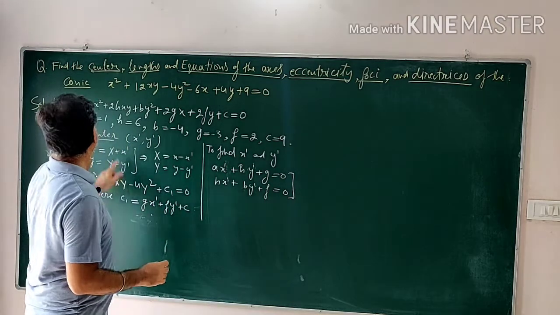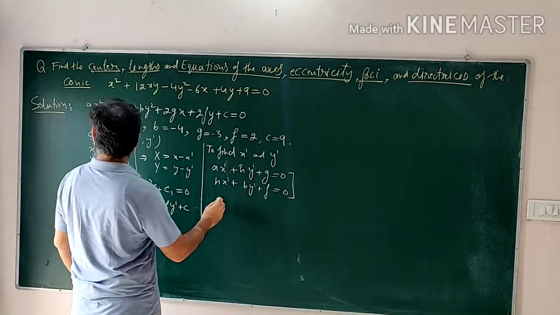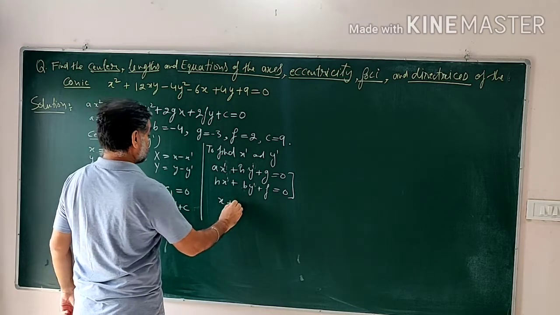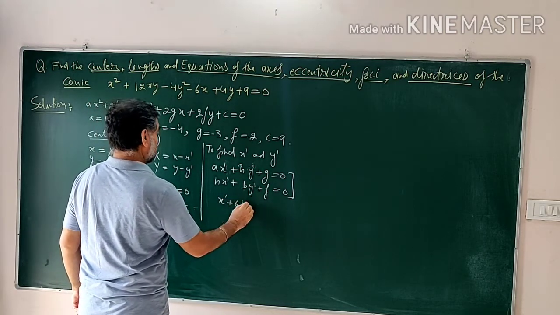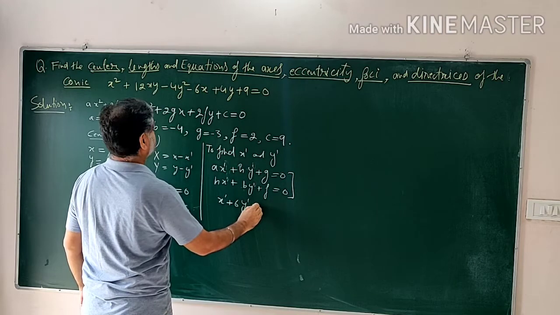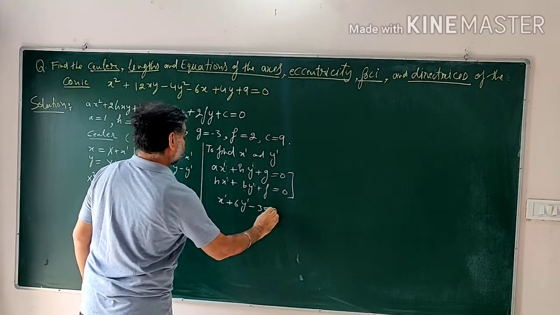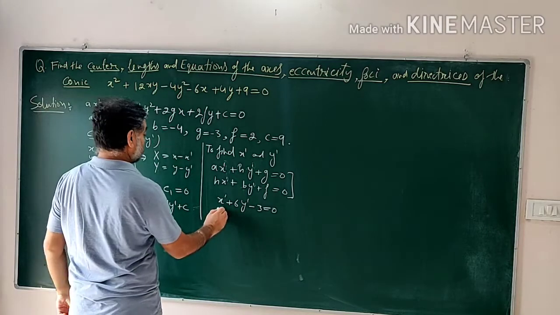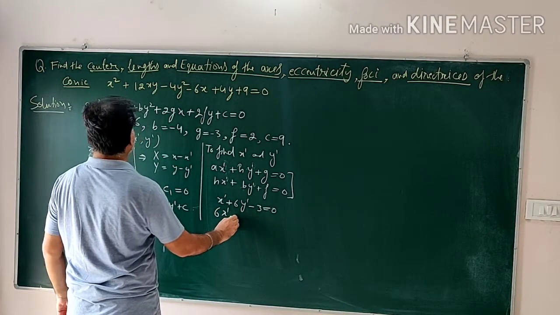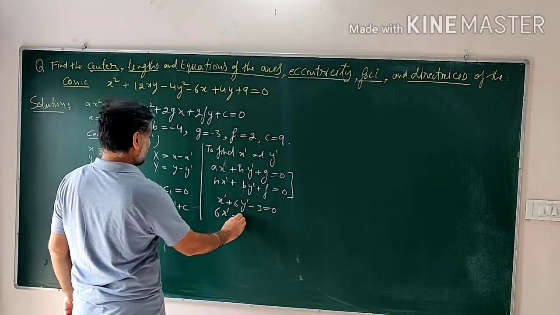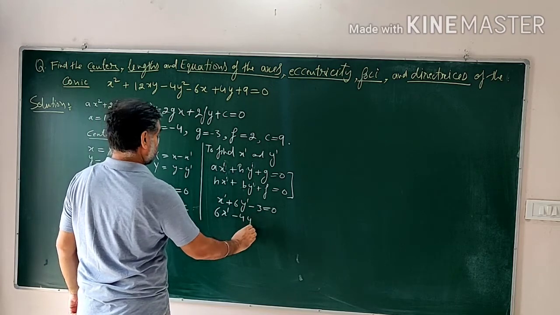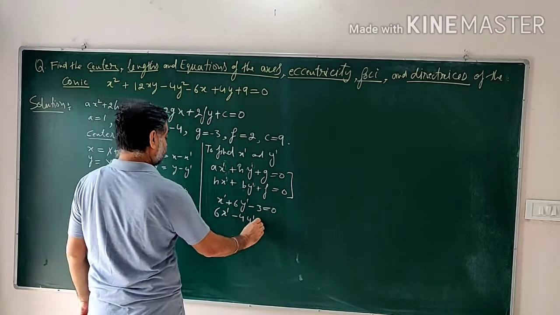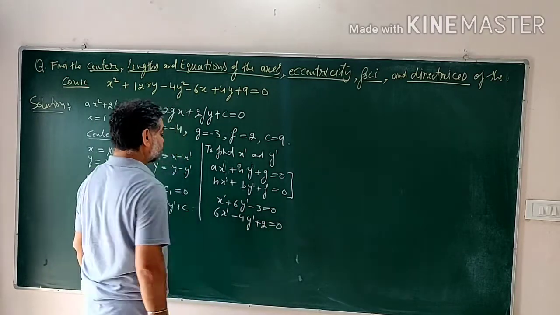So this equation is x dash plus 6 y dash plus minus 3 is equal to 0, and h is 6 x dash plus b is minus 4 y dash plus f is equal to 0.